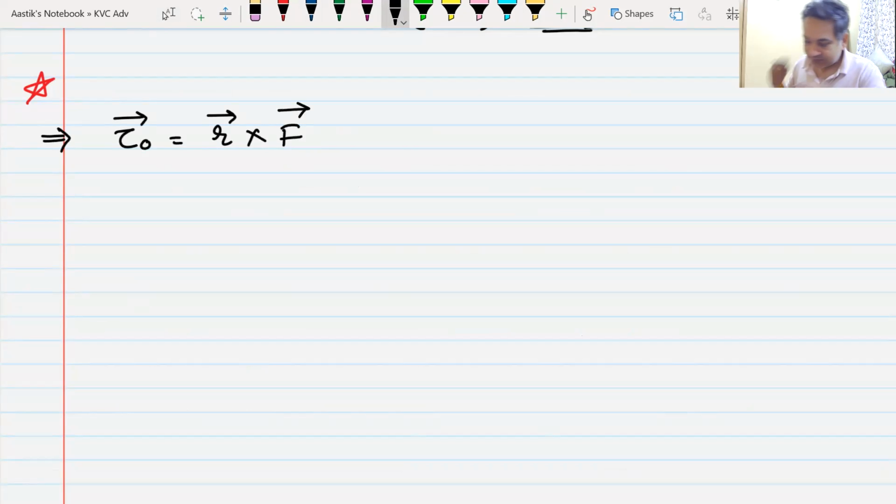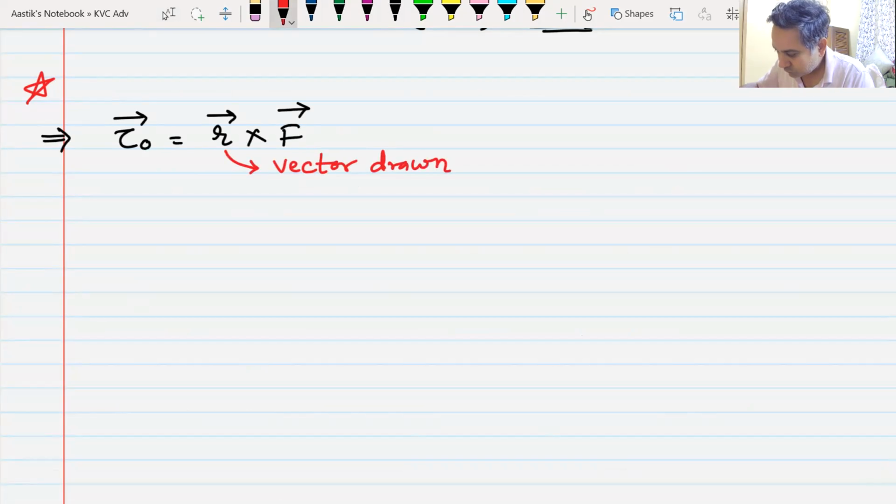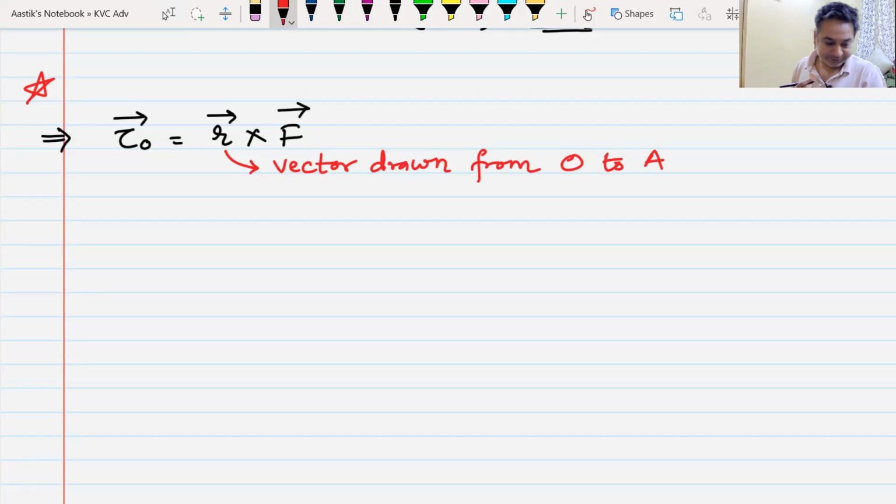Do you remember what is R vector and what is F vector? Yes. R vector is a vector drawn from where to where? O, the point, to A.